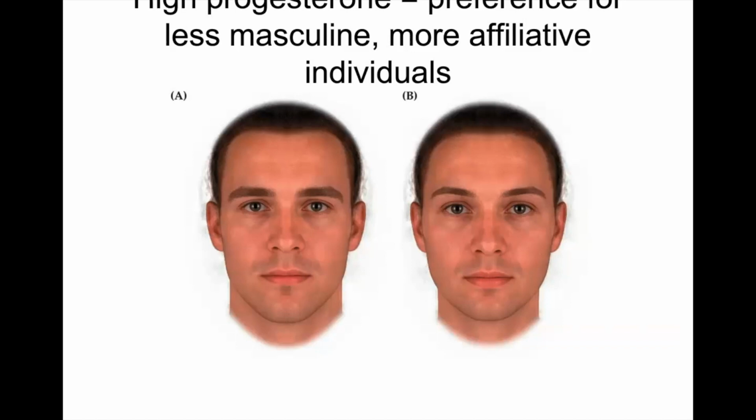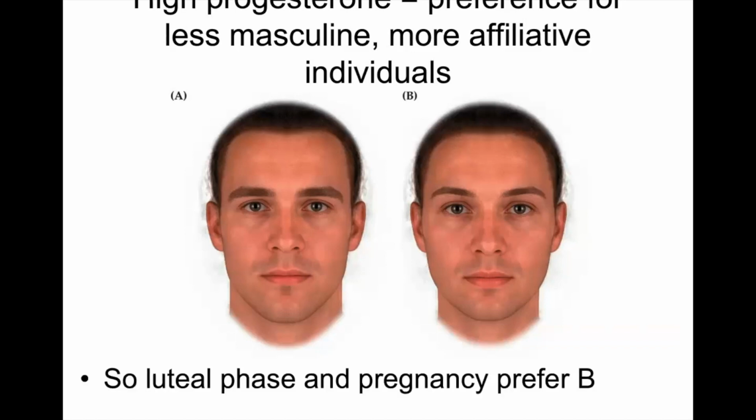as being more attractive. In the luteal phase, with high levels of progesterone, people tend to rate person B as being more attractive. You would see the same in surveys of pregnant women or pregnant people with high progesterone levels.